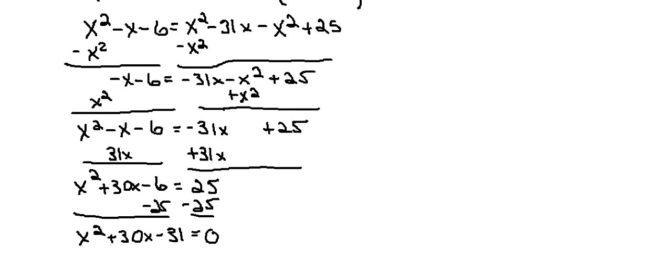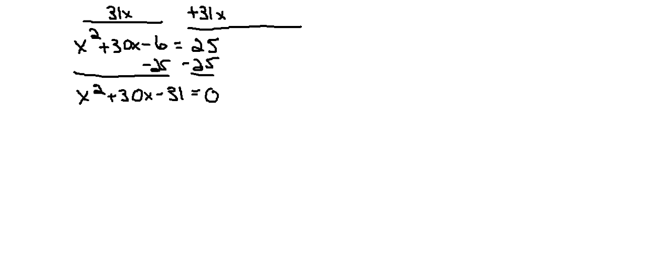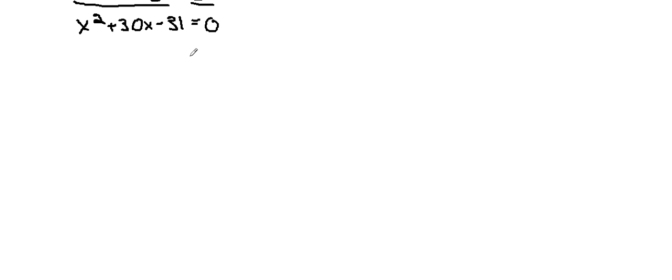Now here's my quadratic equation that I have to solve for x with. Alright, so that's my trinomial, so I'm going to factor it. And it's equal to 0. So when I factor this, it's x. Copy down this sign first, it's positive.